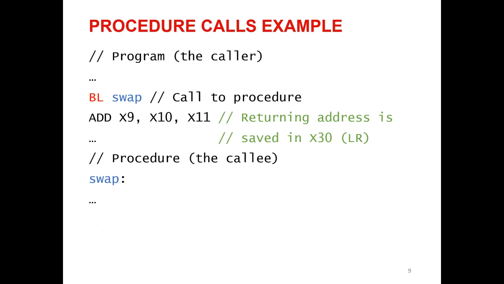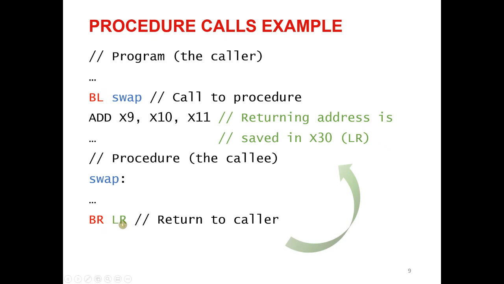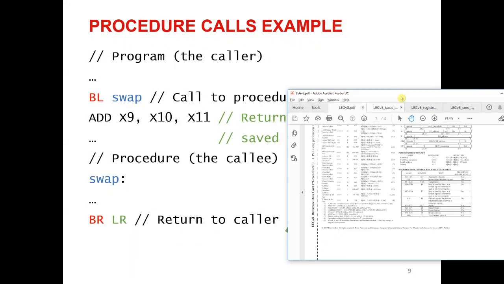Then I jump to the procedure, I do whatever I need to do in the procedure, and when I want to return, I use the branch to register, and I'm going to branch to the address in the link register, which is actually the following address after my call to the procedure. Make sense?